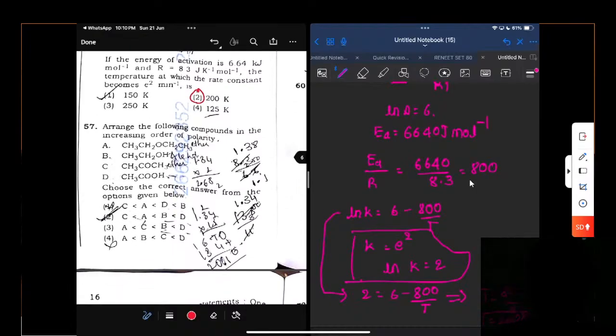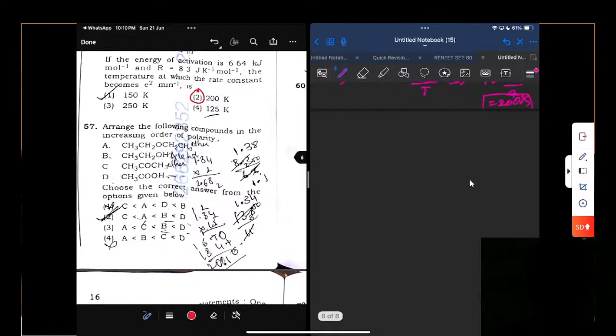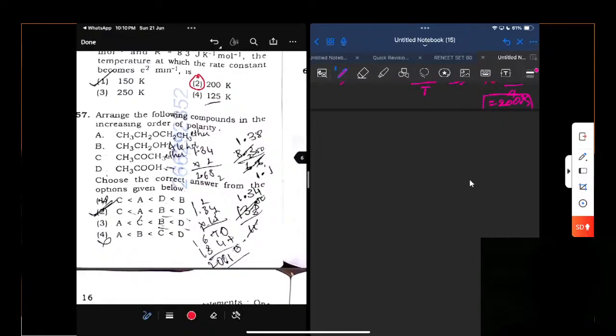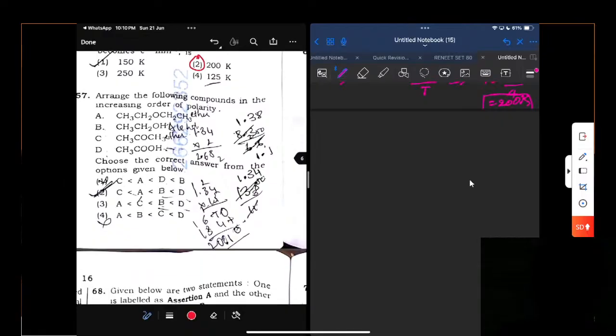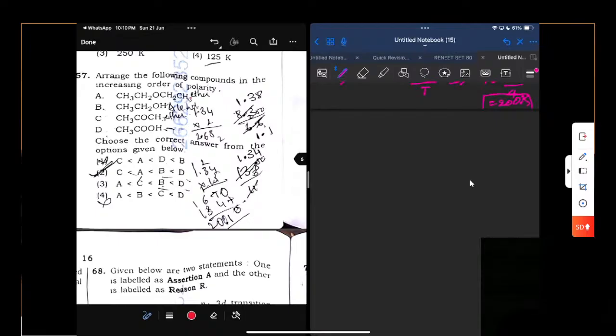Now let's go to question number 57. In 57, arrange the following compounds in increasing order of polarity. Which are the different compounds present there? First one is diethyl ether. One is alcohol, another one is dimethyl ether, and the last one is carboxylic acid.